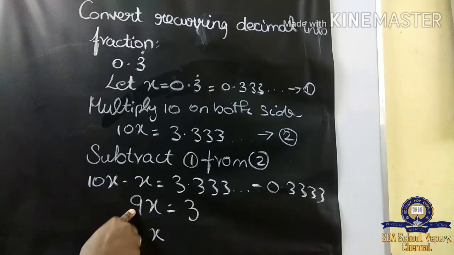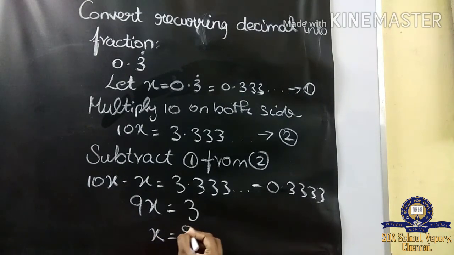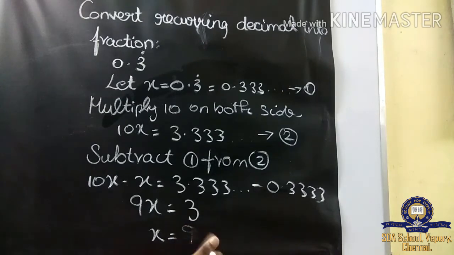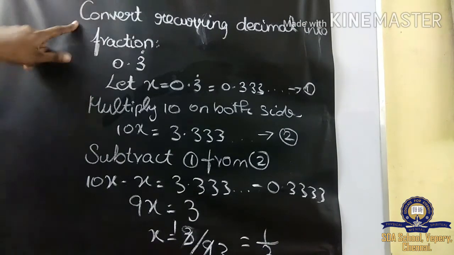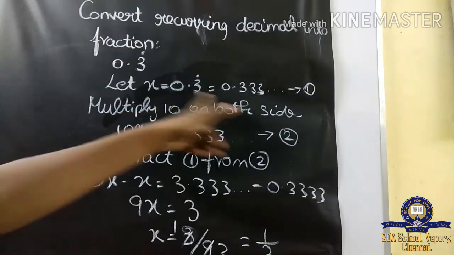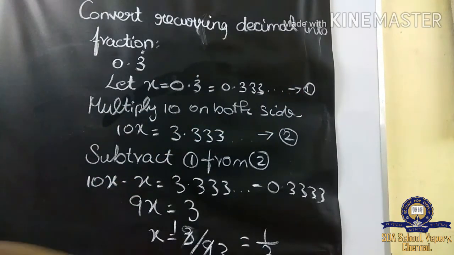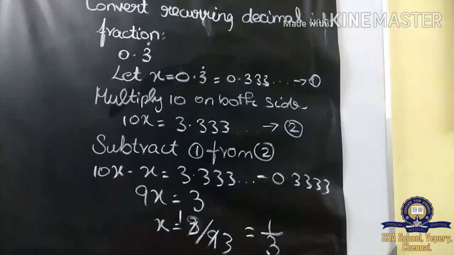Here we get 9x equal to 3, so x is 3 over 9. 3 is divisible by 9, you can cancel this, right? 3 1s are 3, 3 3s are 9. So the answer is 1 by 3. Here we just converted the recurring decimal into a fraction. The answer is 1 divided by 3.